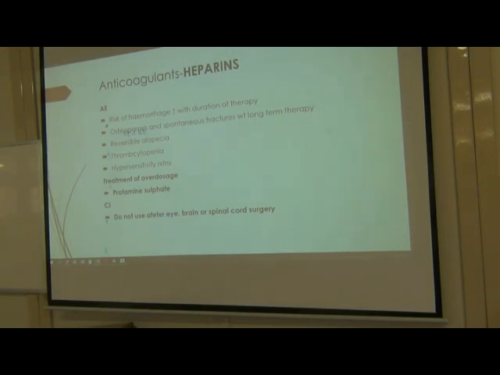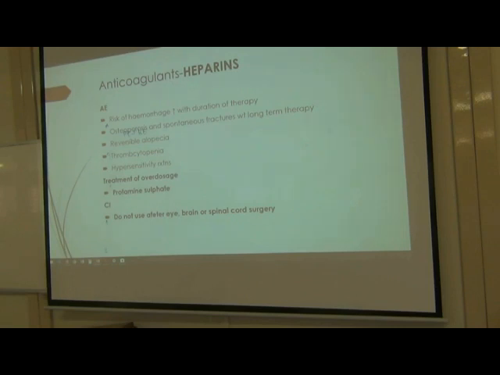And sometimes you might need to introduce some coagulation factors to stop the bleeding. So that's the primary risk of heparin. Another thing is osteoporosis, and with osteoporosis, of course, you know spontaneous fractures usually come, especially when they've been using the medication for a long time.